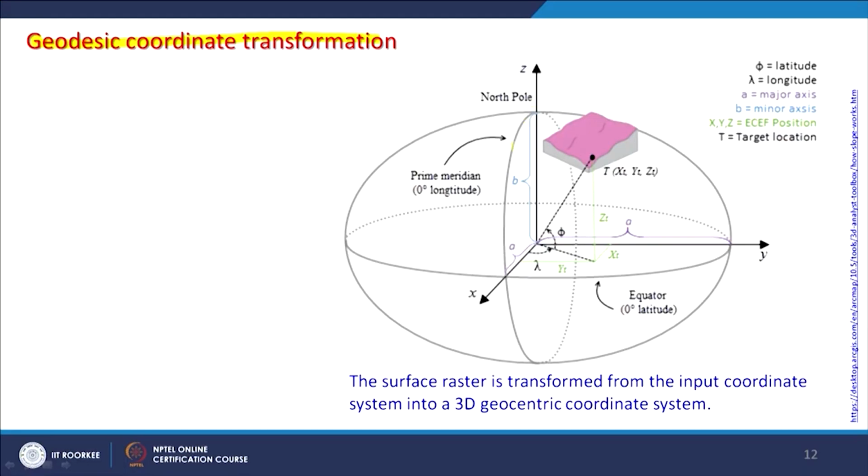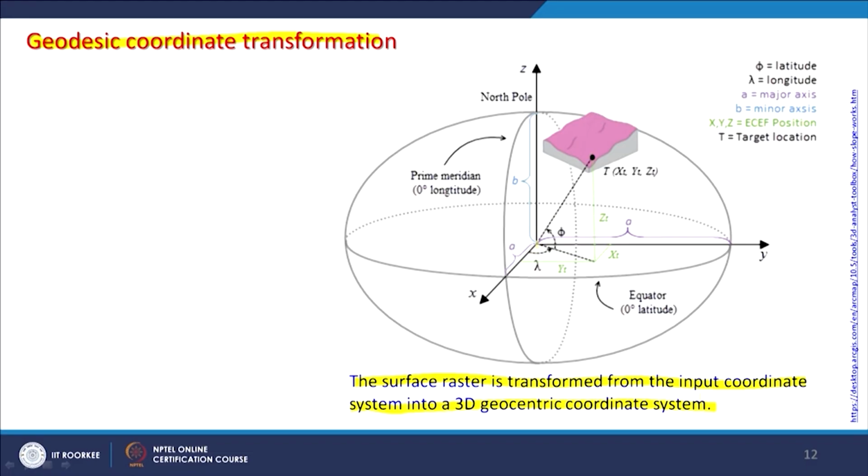So, here is a slightly exaggerated illustration for the polar regions, just to explain that the surface is transformed from the input coordinate system into a 3D geocentric coordinate system, that is ECEF, Earth-Centered, Earth-Fixed.